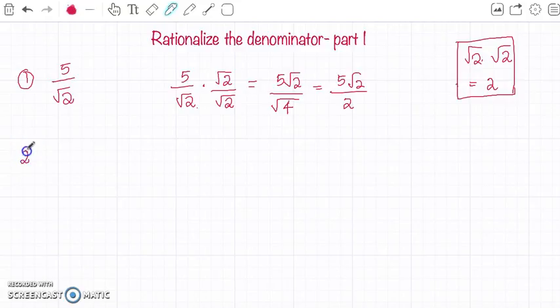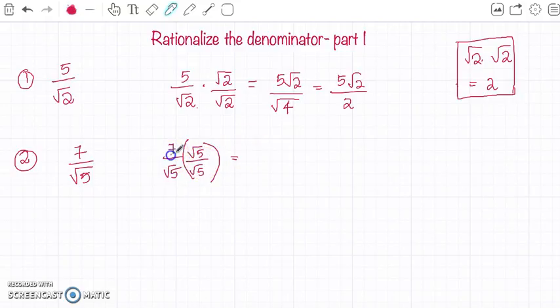Another example, if you have 7 over radical 5. What you do is you write 7 over radical 5 here, and you're multiplying this fraction with another fraction which is the same as the denominator over here. Whatever is coming inside the radical in the denominator is what you're going to pick to multiply up and down like that.